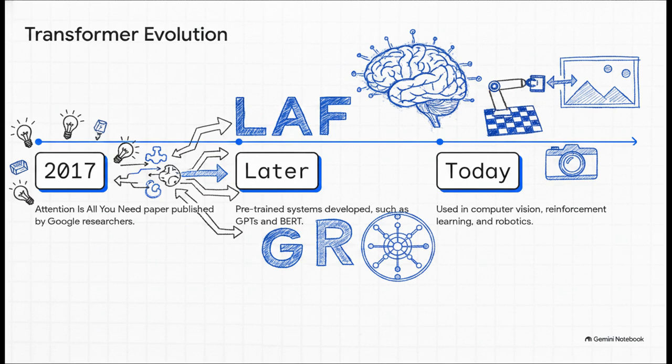Following that 2017 paper, the tech was quickly adopted to train large language models, leading directly to systems like BERT, which stands for Bidirectional Encoder Representations from Transformers, and of course, the Generative Pre-trained Transformers, or GPTs, that are dominating headlines today. But it didn't stop there. The same architecture has found incredible success in reinforcement learning, processing audio, playing complex games like chess, and multimodal learning. It's even being used in computer vision through vision transformers and is actively shaping the future of robotics right now.